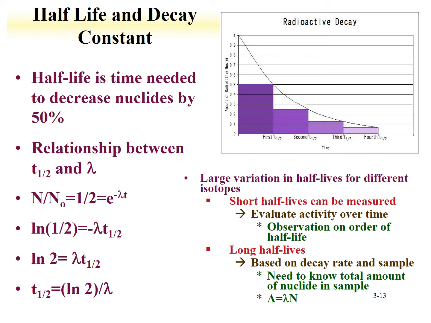So there can be large variations in half-lives for different isotopes. Short half-lives can be effectively measured. Imagine if I had something that had a half-life on the order of many minutes to hours. I could use a detector. I could sit and count the decay of that isotope if it was 10 minutes, and I measured a sample every 30 seconds. If I measured the decay every 30 seconds, and I bin that, I could plot it on a line like I would have here, and I would get a decay constant.